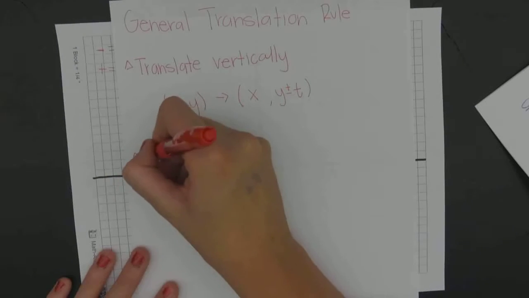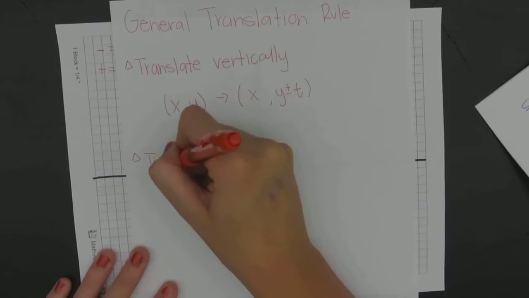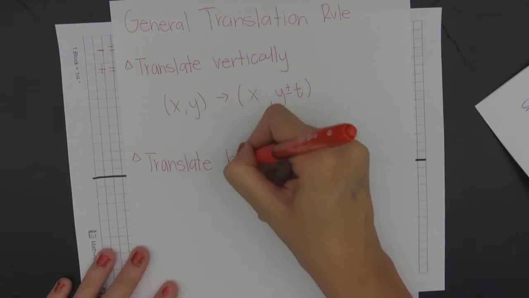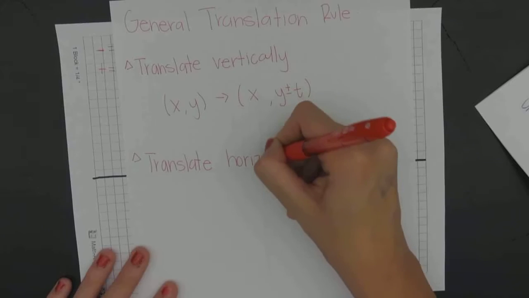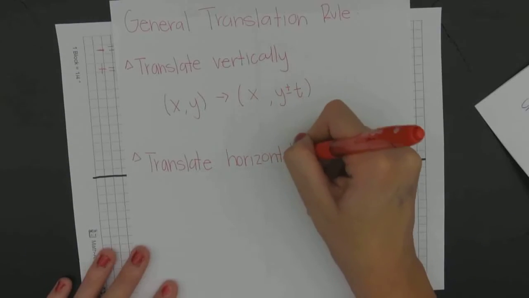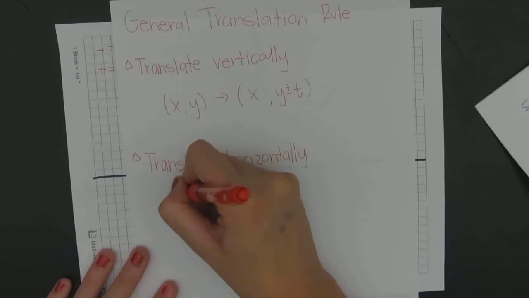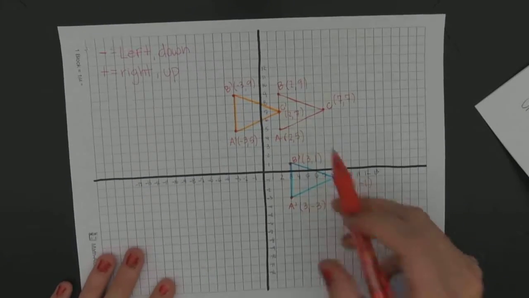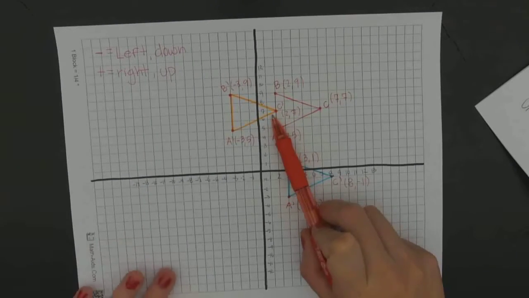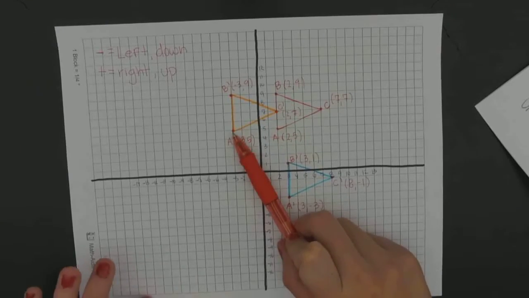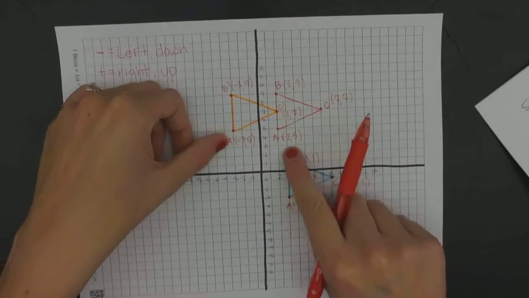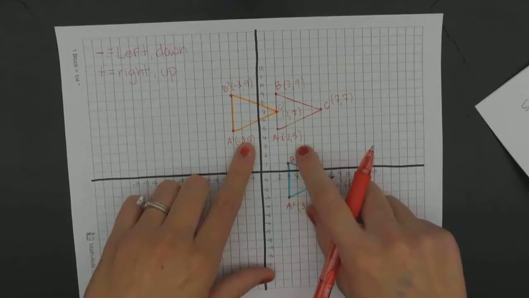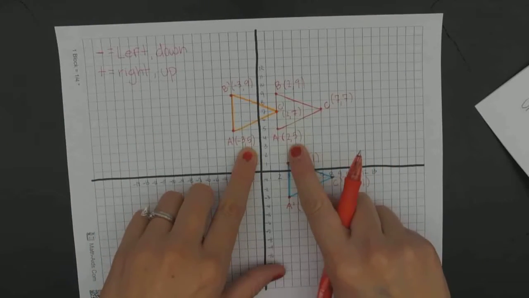All right, now let's do if we translate it horizontally. If I translate something horizontally, that's moving it left or right. Sorry, it's hard to talk and spell at the same time. Okay, so I have an X and Y, and what happens? In this one, we actually did an example. We translated this left, so we went a negative horizontal translation. Do you see that between my A and my A prime, my Y value stayed the exact same?